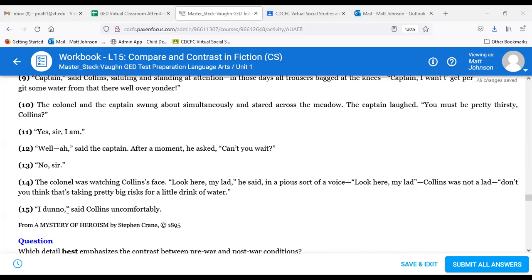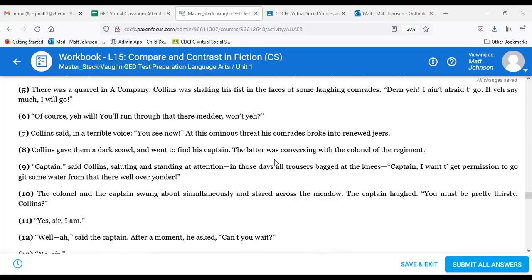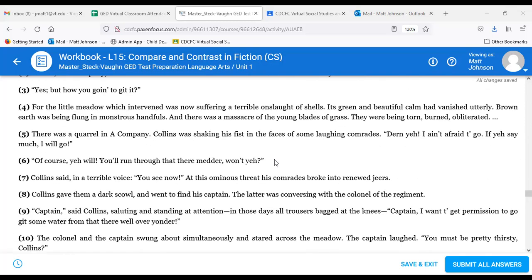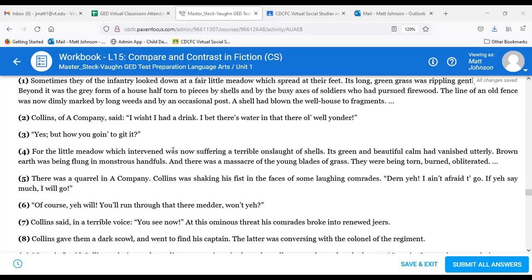All right, that was from A Mystery of Heroism by Stephen Crane in 1895. A point before we go to the question: we're getting into the dialogue, right? The dialogue is slang, and it's supposed to show how that individual soldier would have spoken. It's that kind of broken, regional dialect, like "ain't you afraid to go," right?